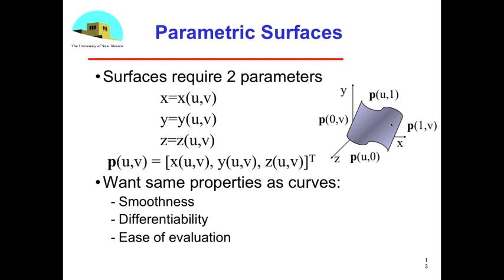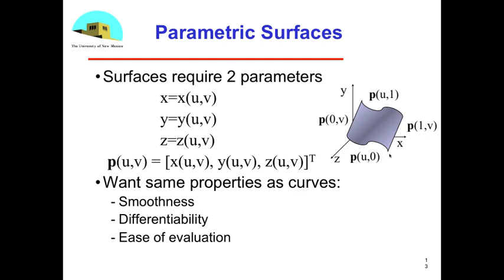Likewise, if I set v equal to 0, I have a parametric curve in u, and if I set v equal to 1, I get this parametric curve here. They obviously have to agree at the corners, because you have 0,0, 0,1, 1,0, and 1,1 at the corners.